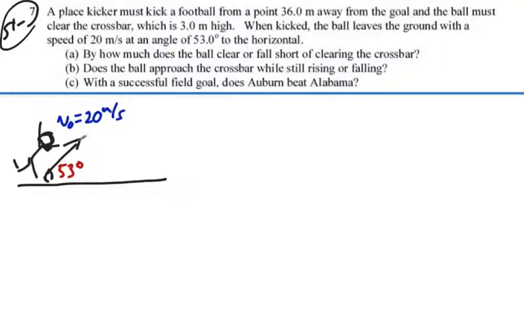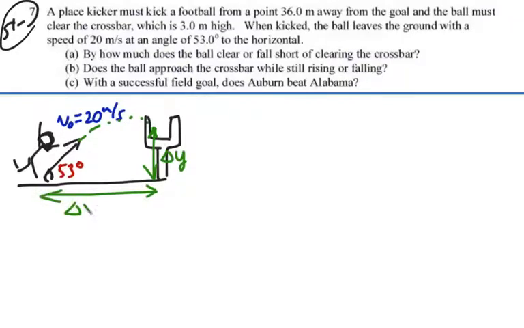It's going to go through some kind of trajectory, and the hope is that it's going to pass through the crossbar, so it'll be high enough to pass over this distance. So we need to find out what the displacement delta y is when it reaches the crossbar, knowing that our x displacement at that same moment will be equal to 36 meters.